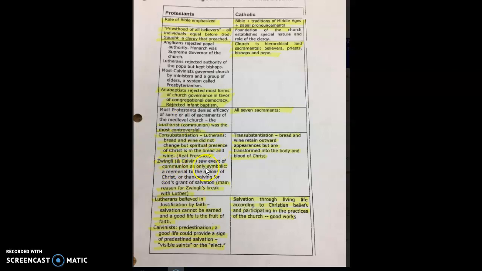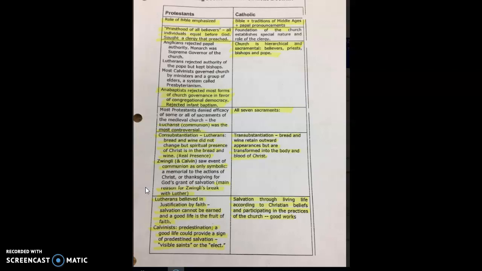They only view the communion as symbolic, whereas Luther says it does not change, but there is a spiritual presence, so what he calls a real presence. This is the main reason Zwingli broke from Luther. Remember, they could not agree on this one sacrament, communion, the Eucharist.